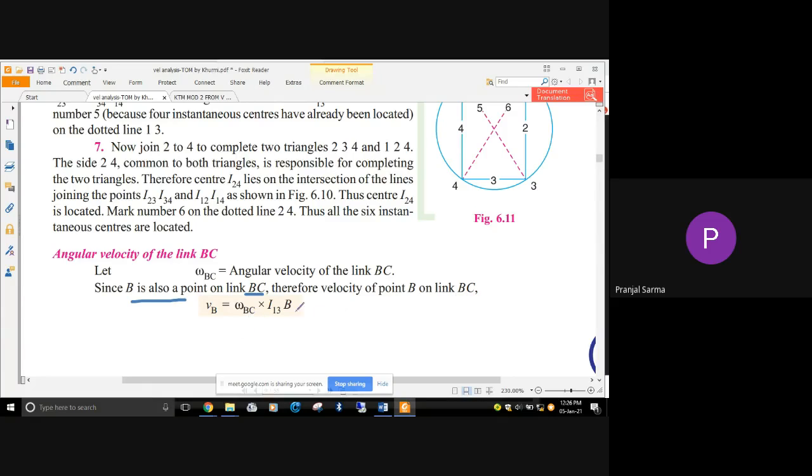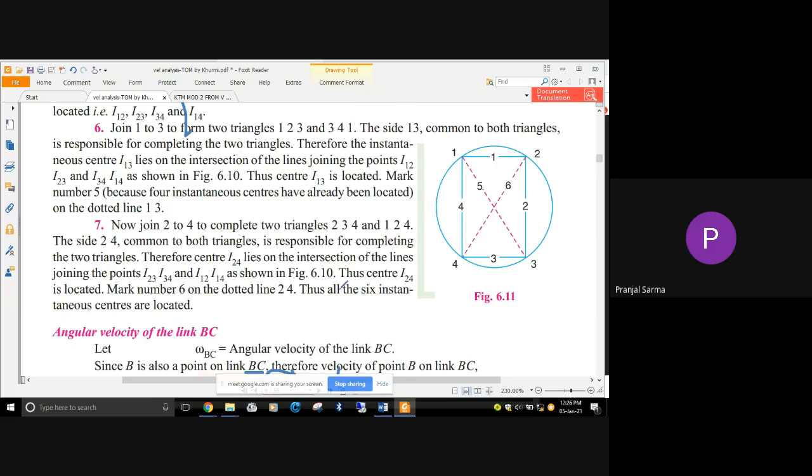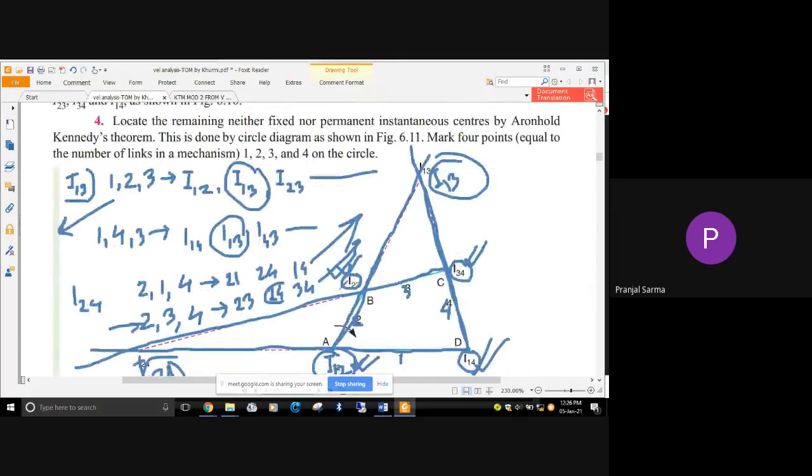I can write VB, that is the velocity of point B, just like V equal to R omega. So omega into I13B, this particular length. I13 is already located, and this is the B point.